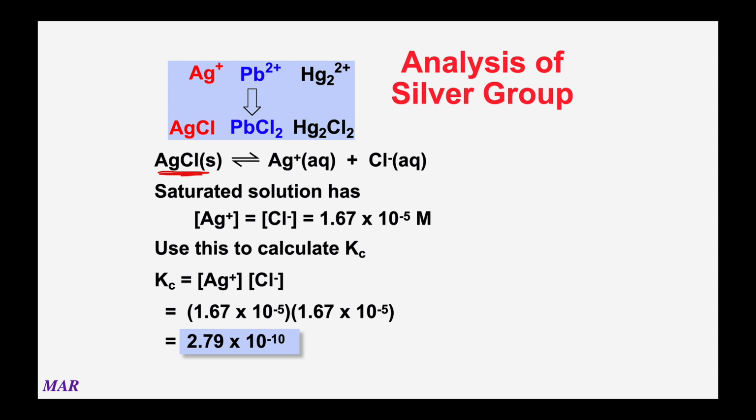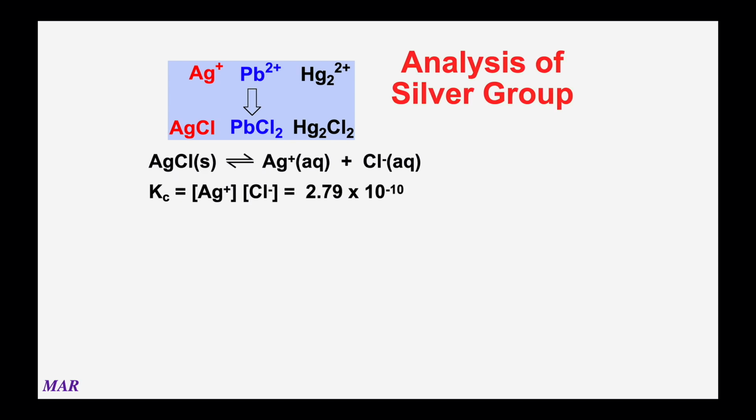So notice here that the solubility is this number, 1.67 times 10 to the minus 5. The K value, the equilibrium constant, 2.79 times 10 to the minus 10th. Solubility is different than an equilibrium constant, and we'll come back to that in a little bit. This Kc that we calculated, 2.79 times 10 to the minus 10th, it actually has a special name.